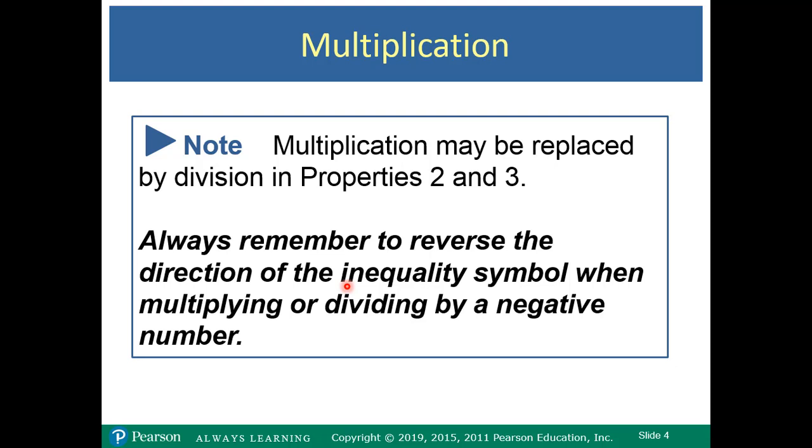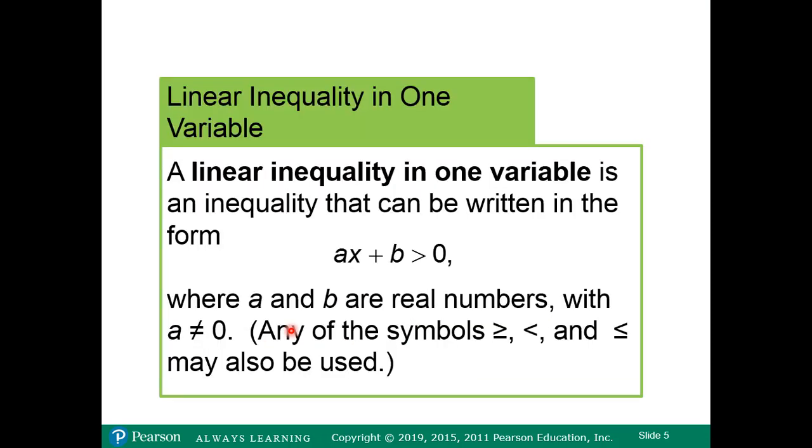Multiplication may be replaced with division in properties 2 and 3, but remember to reverse the direction of the inequality symbol when multiplying or dividing by a negative number, which I just said.